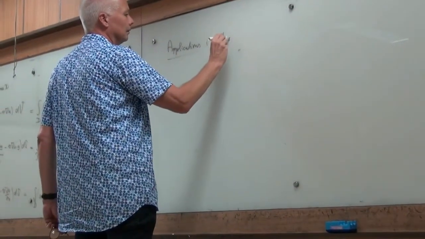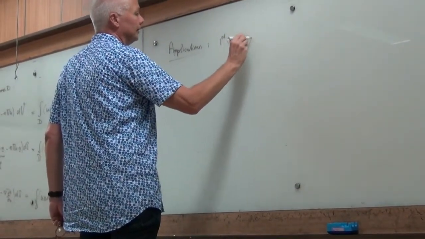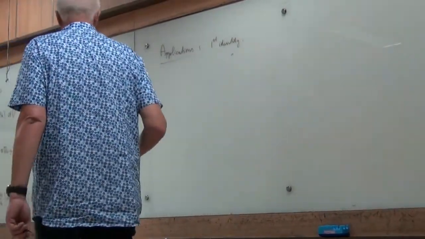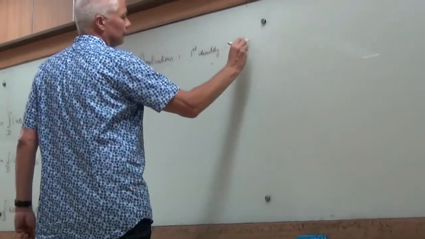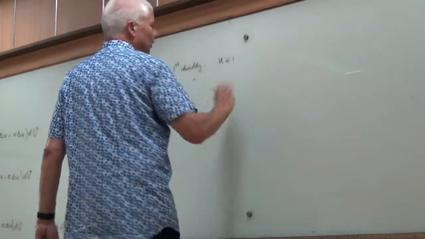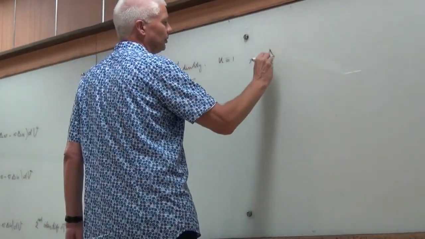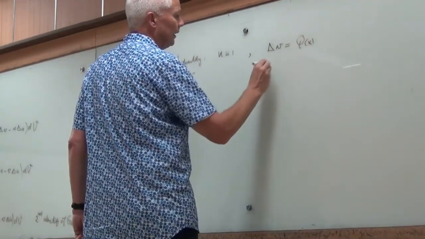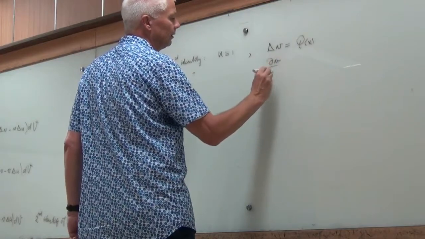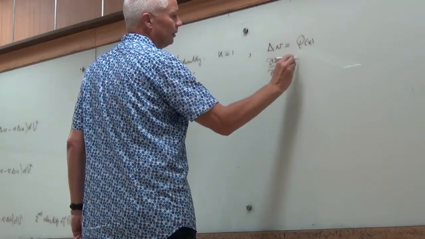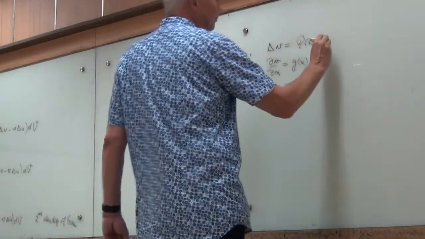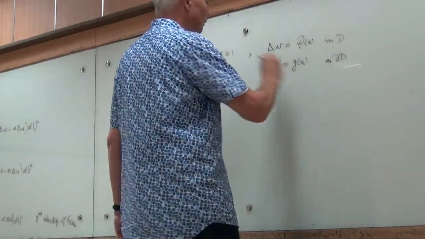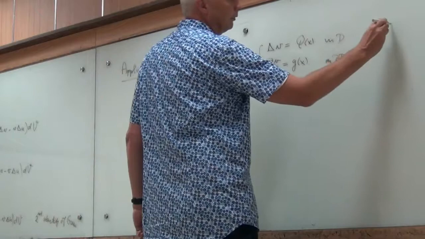Take the first identity, and take in the first identity u is equal to 1. And let's assume that Laplace of v is, let's say, q(x), and dv/dn is, let's say, g(x) on the boundary. What does it mean?